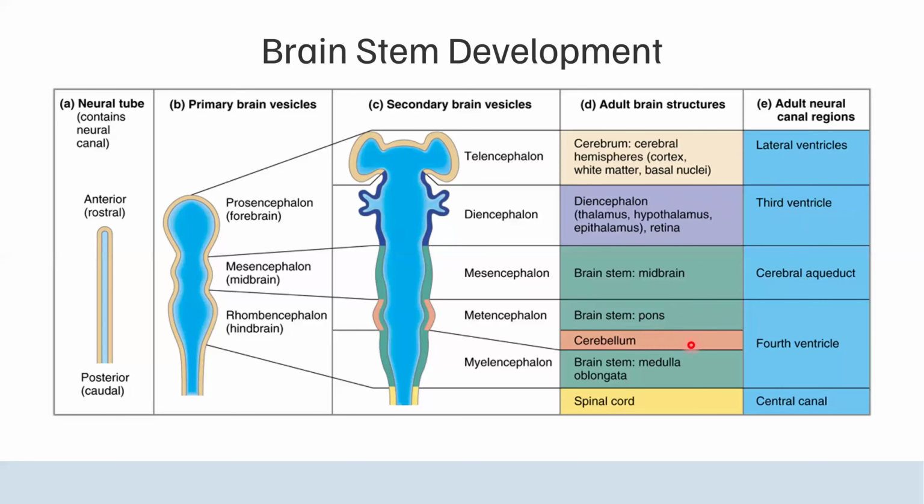Now, what I really want you guys to focus on is these adult neuronal canal regions. Why are those important? If I were to just present you with the CSF, if I were to just show you the ventricular system, it would be very beneficial for you to be able to realize what correlates to it on gross anatomy. So let's take a look at that.